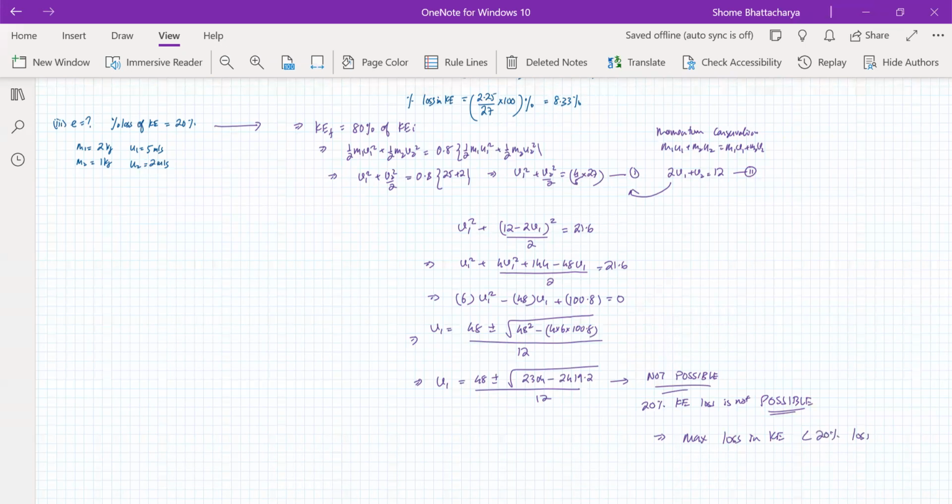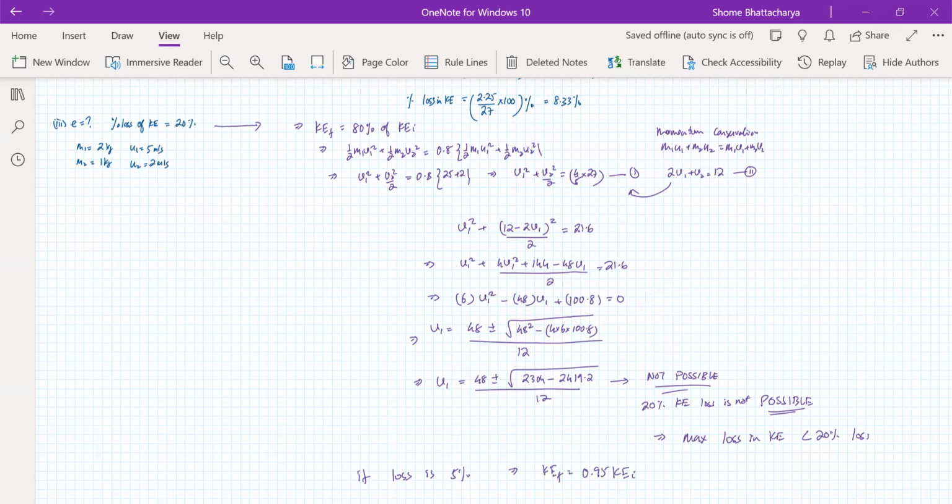But for example, if the loss was, let's say, what is the percentage loss we got here? 8.33. So let's say it is something like 5% loss. Then we would have got a different equation numerically. Final kinetic energy would be 0.95 times the initial kinetic energy.